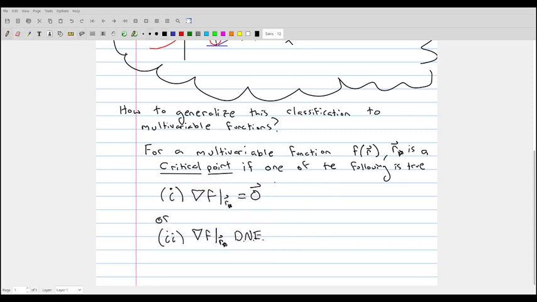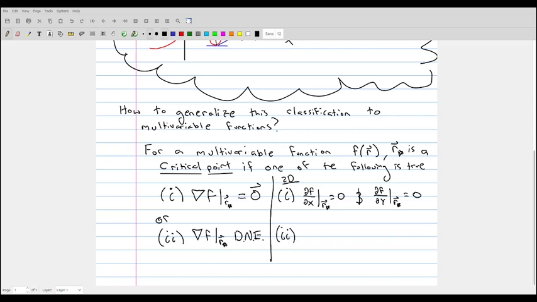Now for 2 dimensions, or for a function of 2 variables, this becomes straightforward in terms of the partial derivatives. What this means is that for a critical point for a 2 variable function, if the gradient is equal to the zero vector, then both partial derivatives have to be equal to 0. So the x partial derivative at r star has to be 0, and the y partial derivative of f at r star has to be equal to 0.